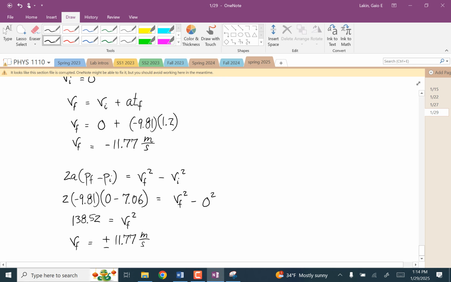And now in this problem, the only way for you to decide is to think about what direction the object is moving. In this case, we chose our positive direction up. The object is moving down, so we know that this has to be negative. Any questions about that?